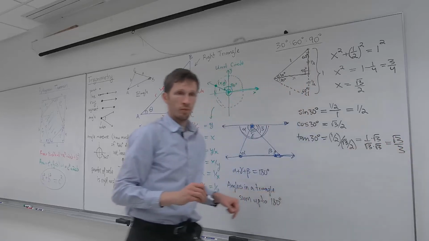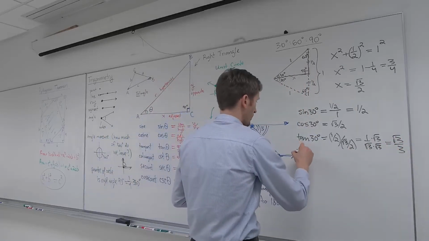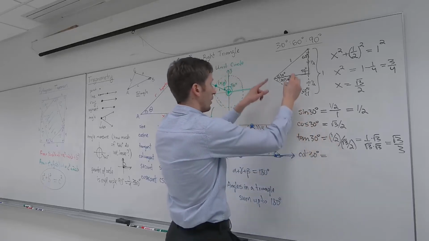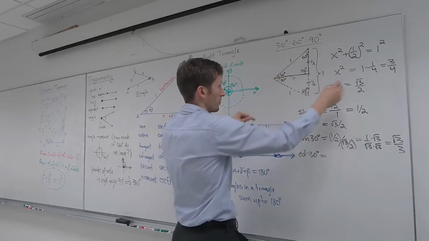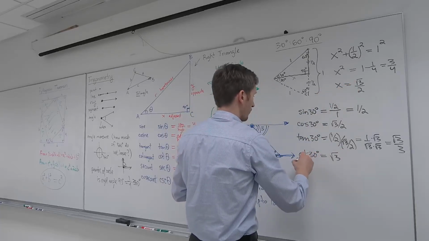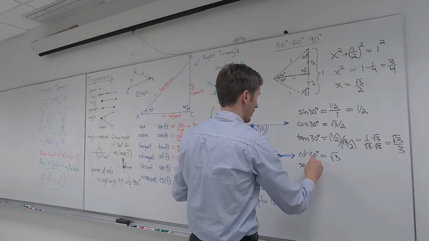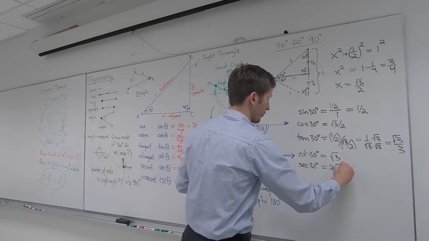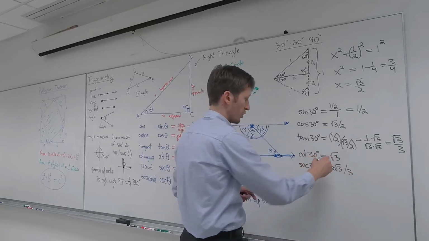Okay? Pretty cool, right? And then look at this one. What's cotangent of 30? That's going to be x over the 1/2, so root 3 over 2 over the 1/2. That's just root 3. What about secant of 30? That's going to be the flip of the cosine, which is eventually 2 root 3 over 3. Take your time to check that one a little bit.